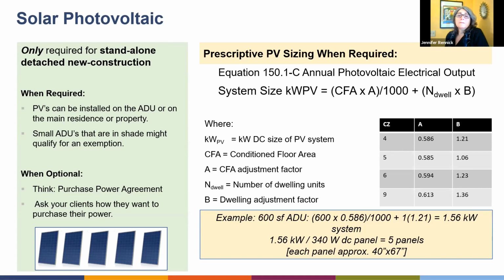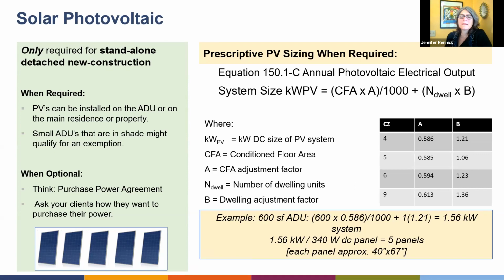And one great rule of thumb you can use is to use the prescriptive requirement. And I put this up here for our climate zone 4, 5, 6, and 9. Those are the climate zones that hit our Tri-County region the most, and gave you the formula and gave you an example so that you would have an idea of how many panels that would look like.